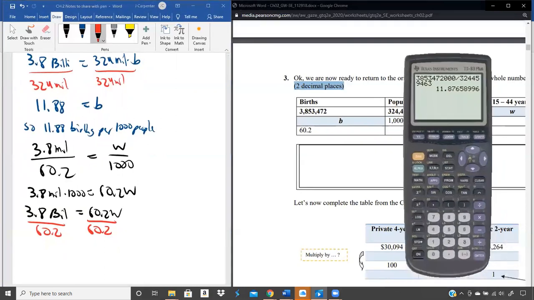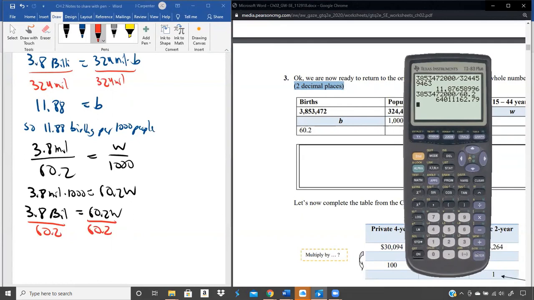So the 3, 8, 5, 3, 472. And then there were 3 more zeros from multiplying it by 1,000. And we're dividing it by 60.2. And we get 6401162.79.